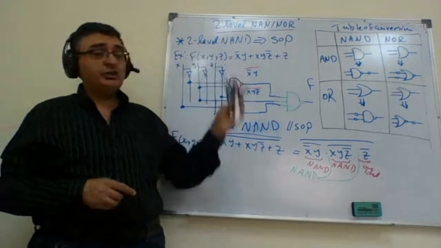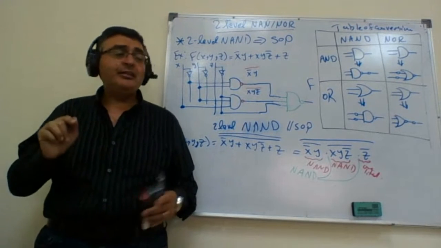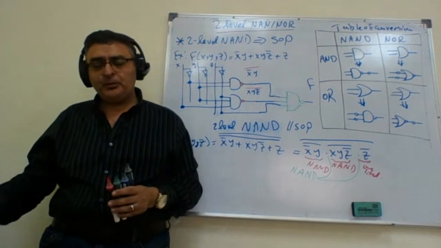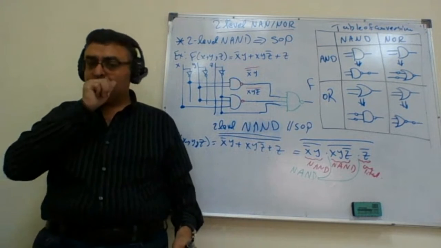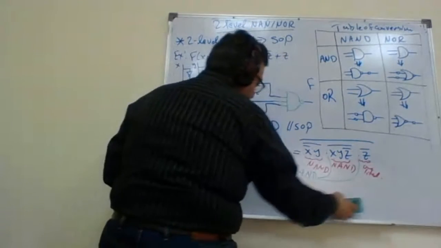You need to first simplify this equation using KMAP to get the minimum SOP. Okay? If you have the minimum SOP, put 2 bars, break the inner, and you get 2-level NAND. So you achieve the 3 optimizations of the circuit.